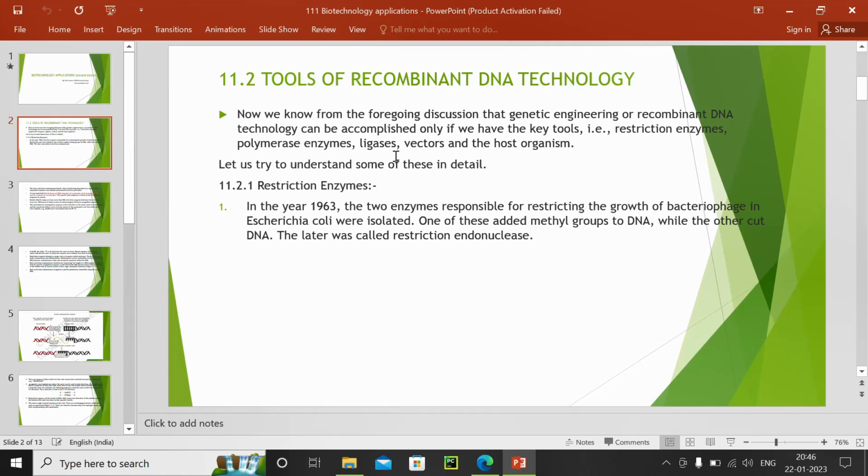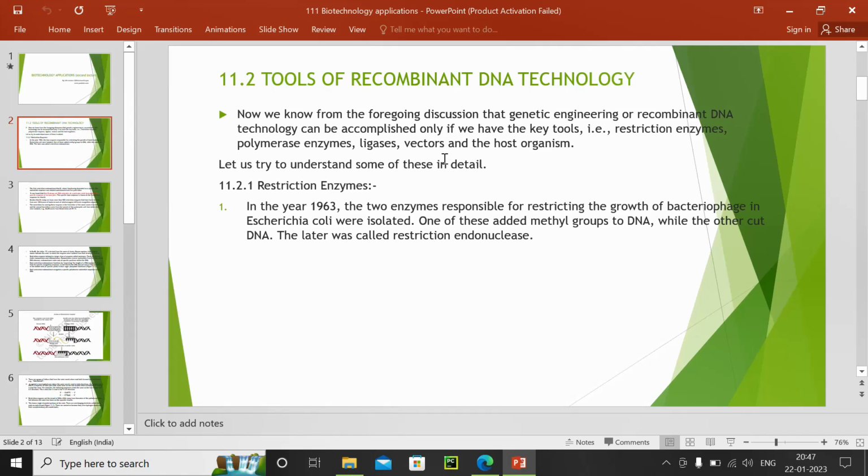And ligases. What do ligases stand for? Ligases are nothing but enzymes which ligate the DNA, that is, they join the DNA molecules one above the other.